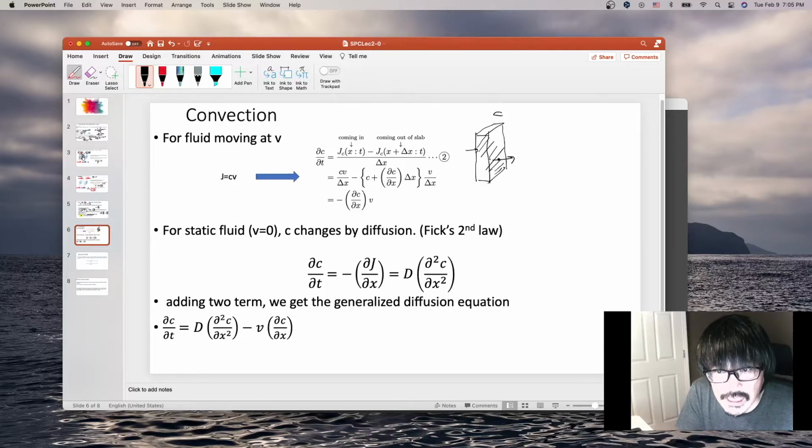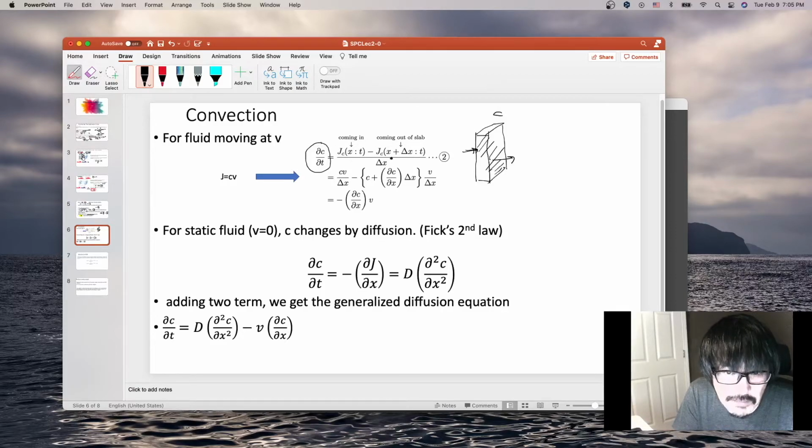If what's coming out of this surface is bigger than what's coming in, the concentration is going to decrease, right? And if what's coming in is larger than what's coming out, the concentration is going to increase. And if the difference is really large, then that concentration is going to decrease or increase quickly. So the changing concentration with respect to time is equal to the flux difference between those two surfaces.